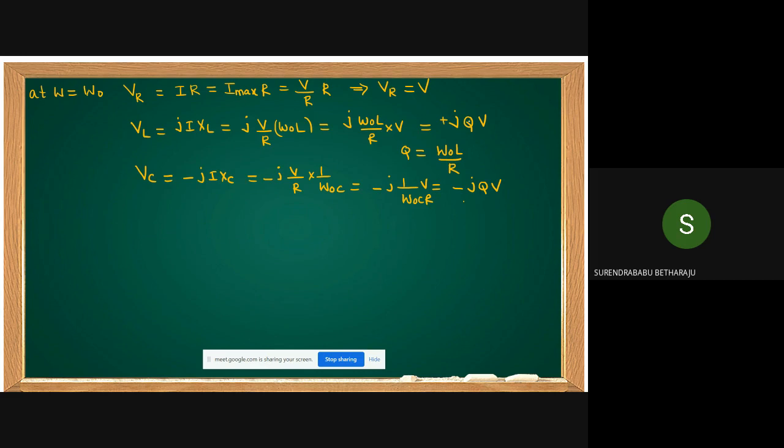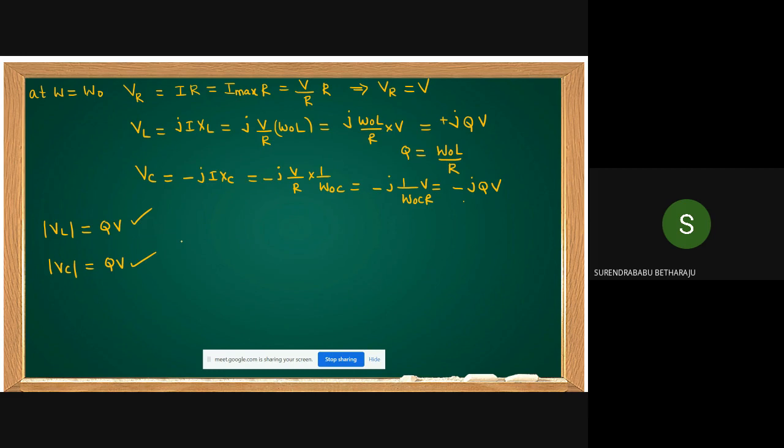That means, if you take the magnitude, VL equal to QV. If you take the magnitude, Vc equal to QV. That means at resonance condition, VL equal to Vc. At resonance condition, the magnitude of voltage across the inductor equal to magnitude of voltage across the capacitor, but it is not equal to supply voltage.